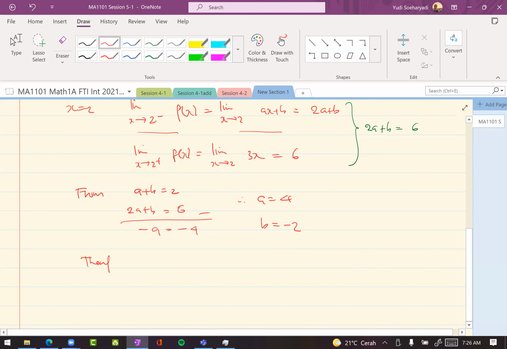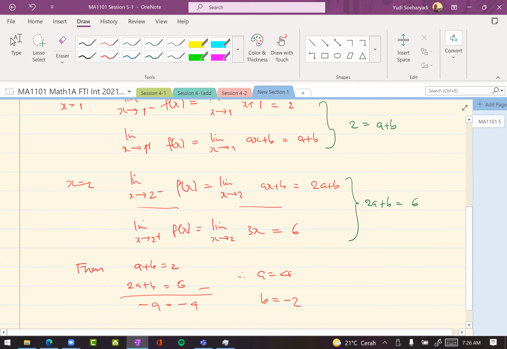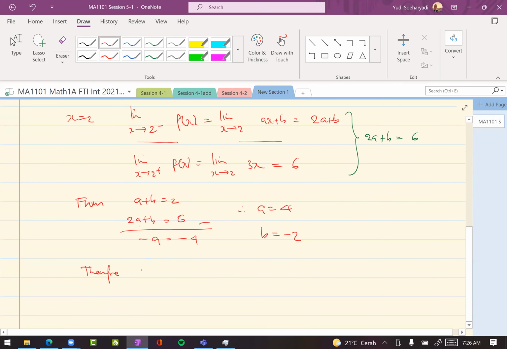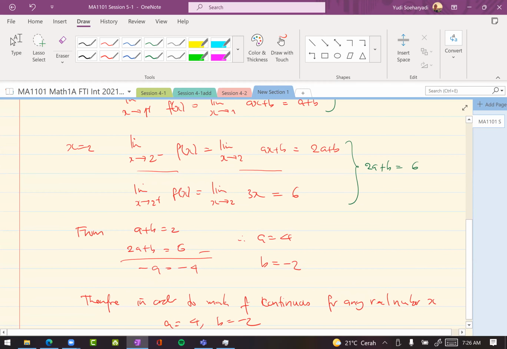Therefore, a and b make f continuous at any real number, where a should be 4 and b is minus 2. Okay, is that clear enough?